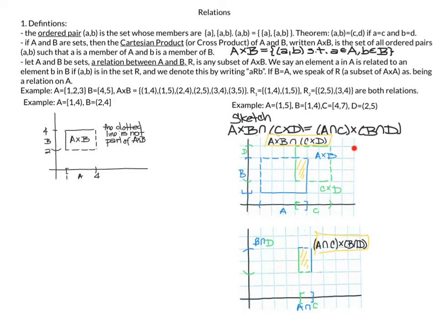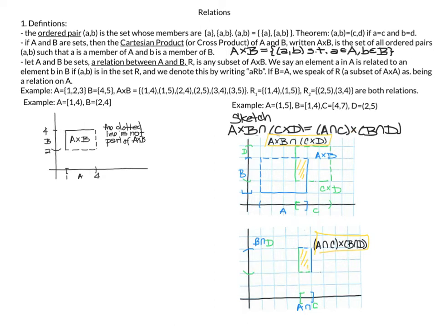I'll do the same thing here for A intersect C and B intersect D. Now I'm going to do the intersections first before I do the crosses. A intersect C is this small area here, so I brought it down onto this graph. B intersect D is this small area here, so I brought it down to this graph, and now I'm going to cross them.